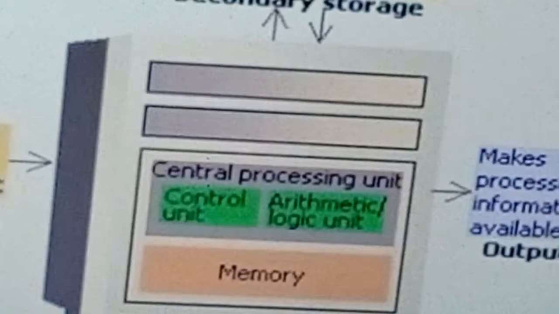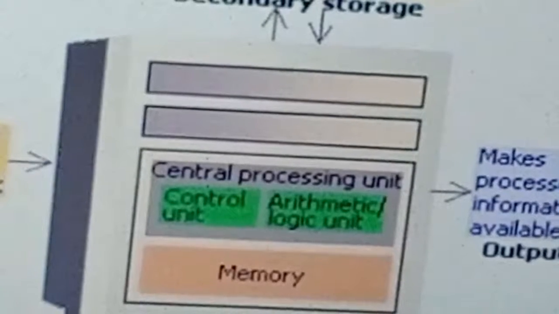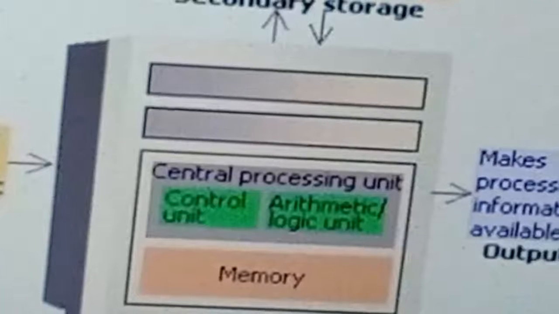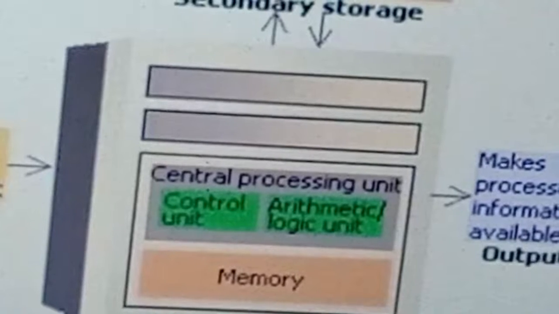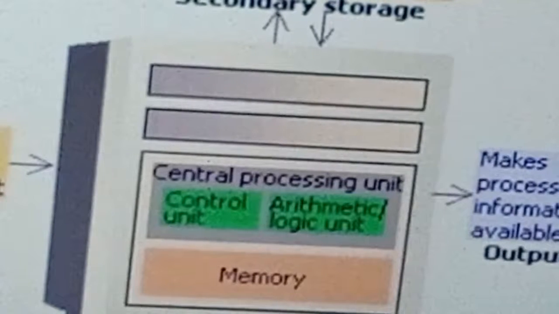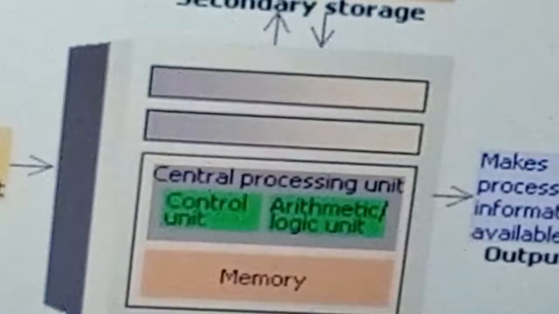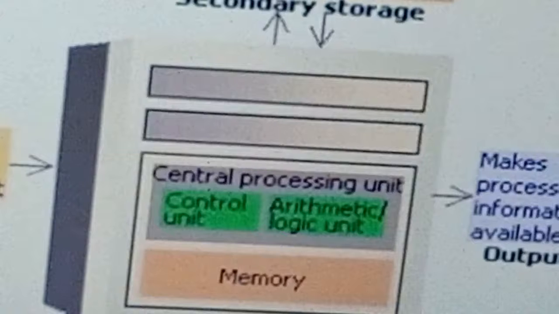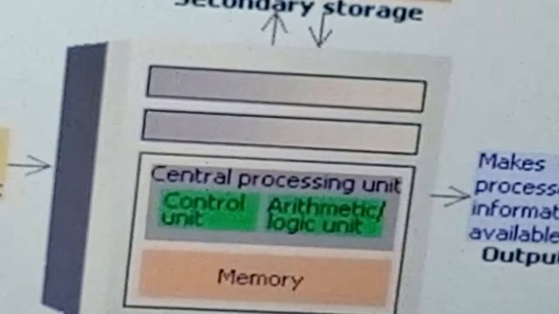It is a device capable of storing data and programs temporarily or permanently. Permanent storage is secondary storage, and temporary is primary memory. In primary memory, the data can change or be lost in case of power failure, whereas secondary memory is a permanent storage device, and the data is not lost when power fails.